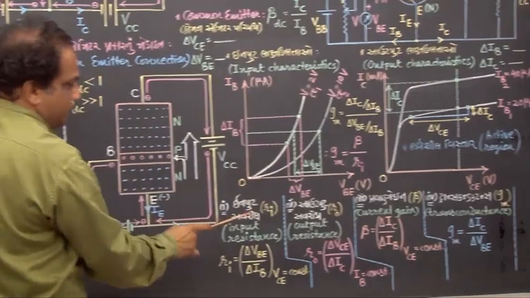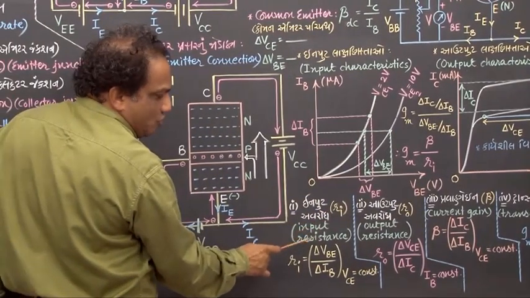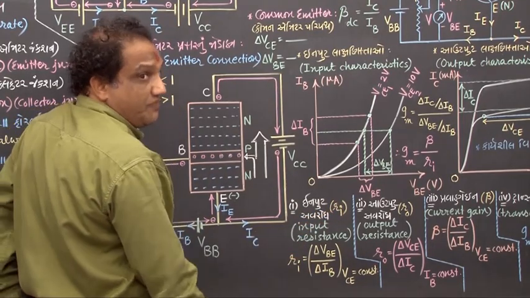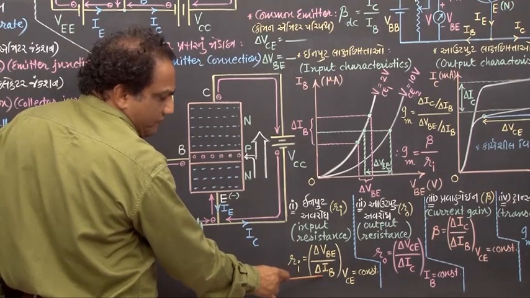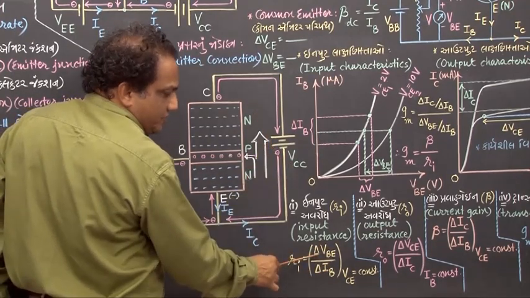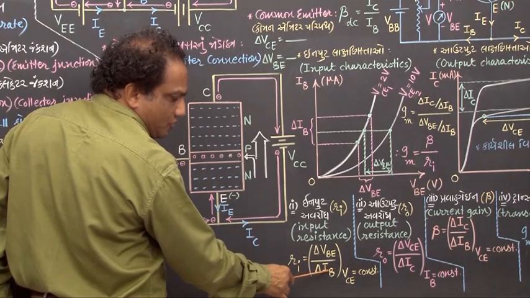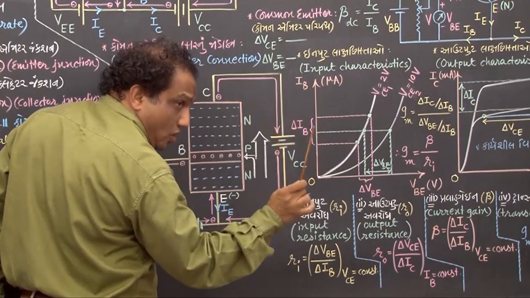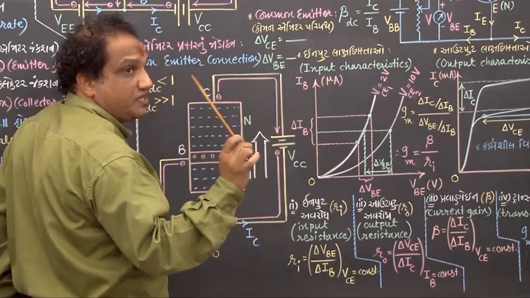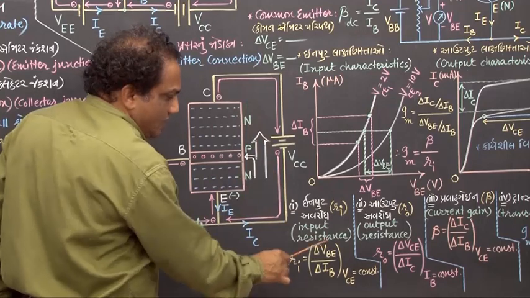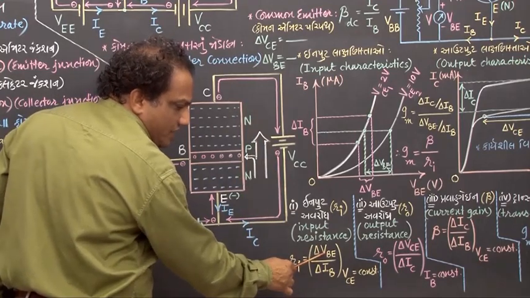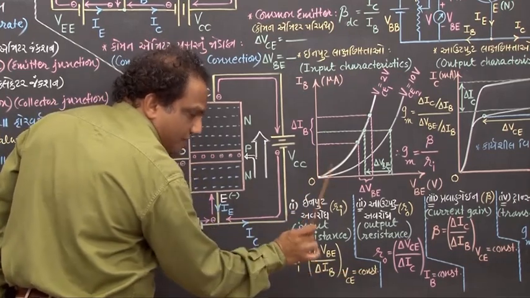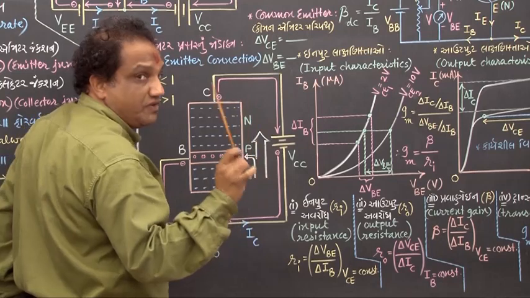Look, first is input resistance, shown by symbol Ri. How is it defined? Look here. The ratio of change in input voltage to the change in input current obtained at constant output voltage is called the input resistance of a given transistor.